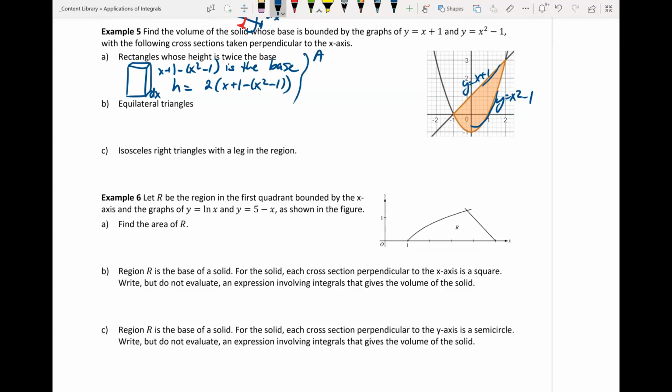Now think about the area of the slice. It's going to be length times width, which is x plus 1 minus x squared minus 1. We can multiply all this by 2 because that is from our h, and then square this, x plus 1 minus x squared minus 1.